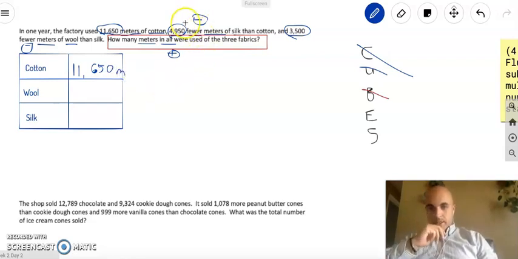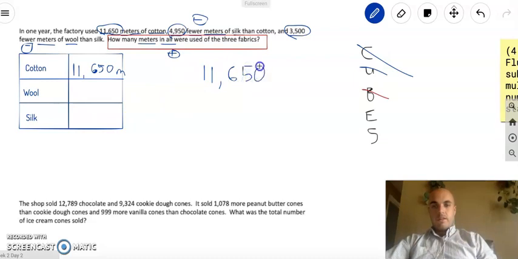So 4,950 fewer meters of silk than cotton. So I can actually subtract right now to find silk. So I'm going to take 11,650, which is my cotton, and my fewer, 4,950.